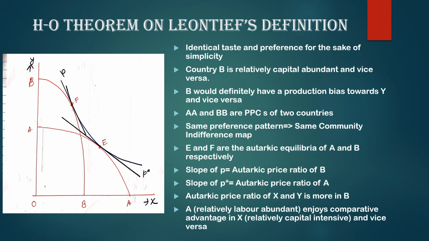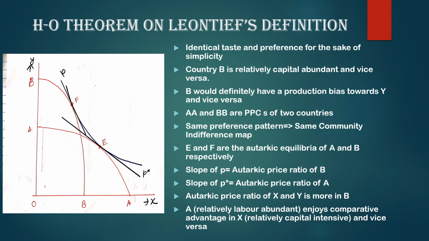Okay, because the production function of a commodity is same in both countries. So automatically if country B is relatively capital abundant, it will be able to produce more of the capital intensive good.